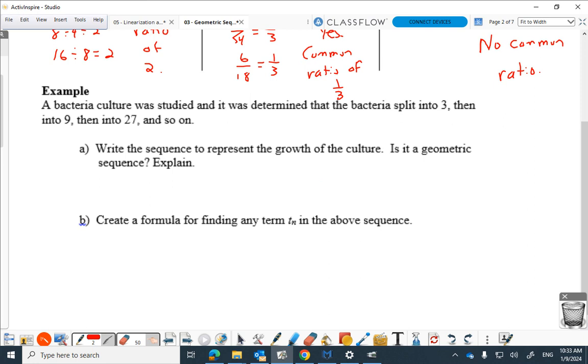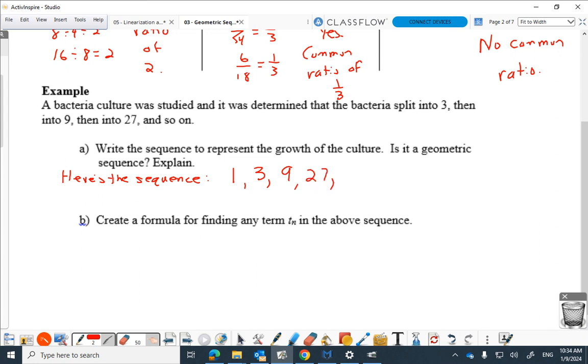This is exactly what bacteria do, by the way. They just split, and they can split by multiples of 2, multiples of 3. It really depends on the biology of the situation. But essentially, here's the sequence. We started with 1 bacteria, which split into 3, which then split into 9, which then split into 27.